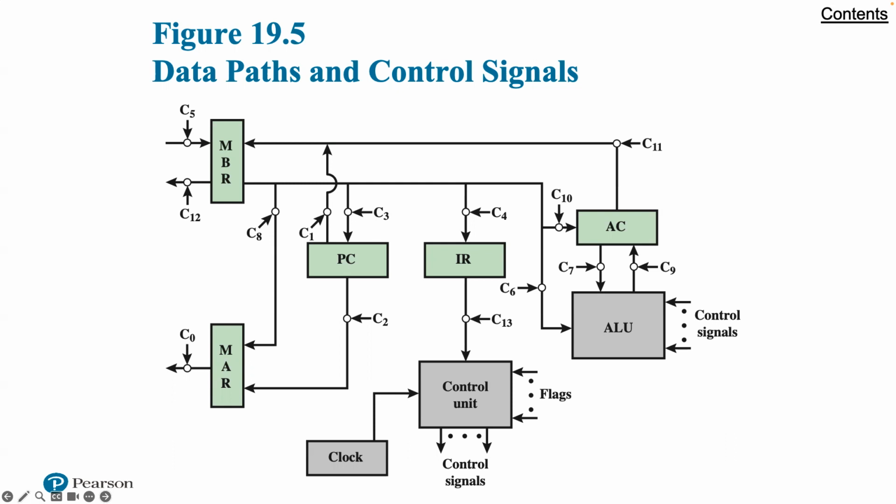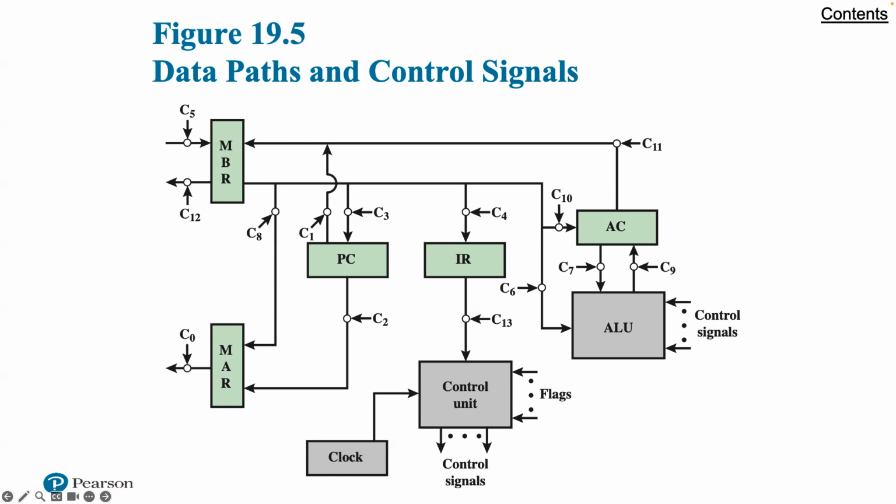Control signals go to three separate destinations. The data path: the control unit controls the internal flow of data. For example, on instruction fetch, the contents of the memory buffer register are transferred to the IR. For each path to be controlled, there is a switch, which is indicated by a circle in the figure. A control signal from the control unit temporarily opens the gate to let data pass.